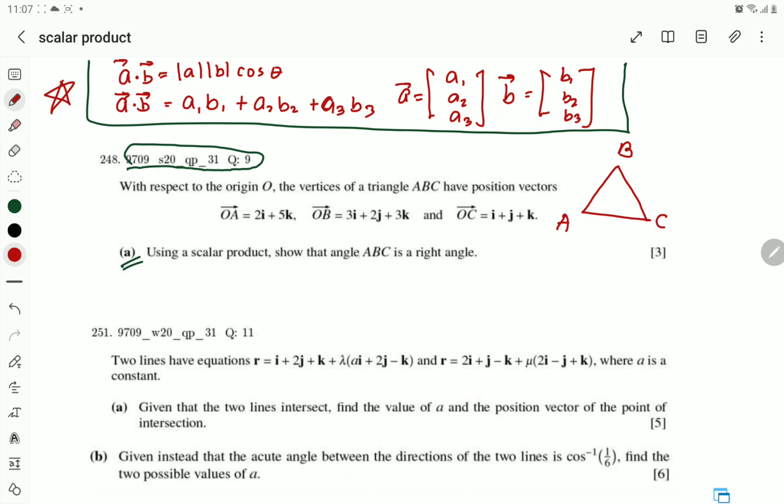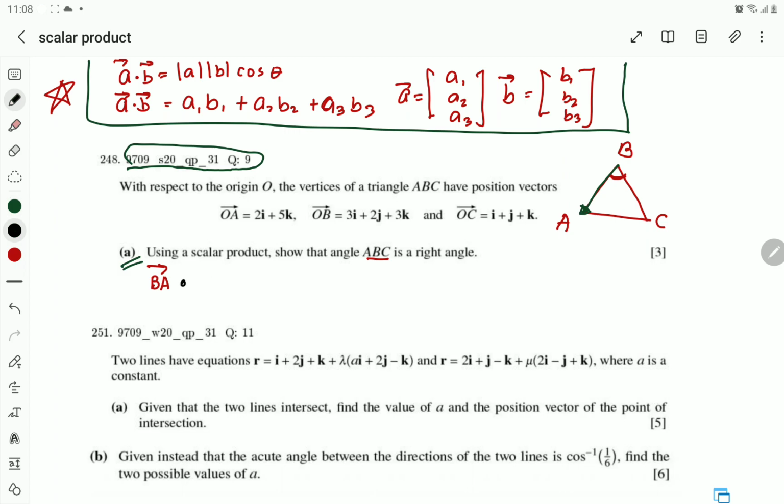Using a scalar product, show that angle ABC, this angle, is a right angle. So for you to be able to show that it's a right angle, you need to get BA, that is this one, because you want to get the angle between them.